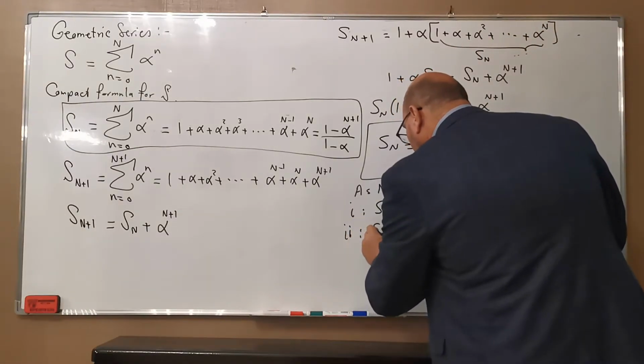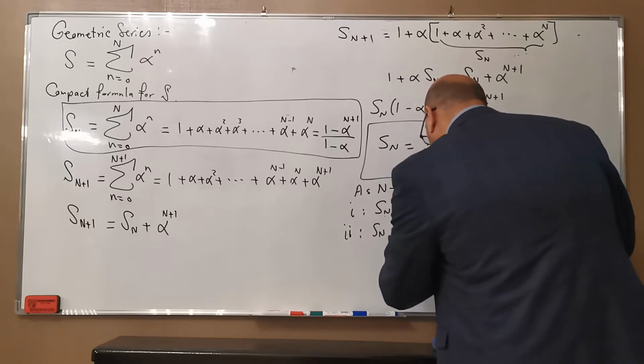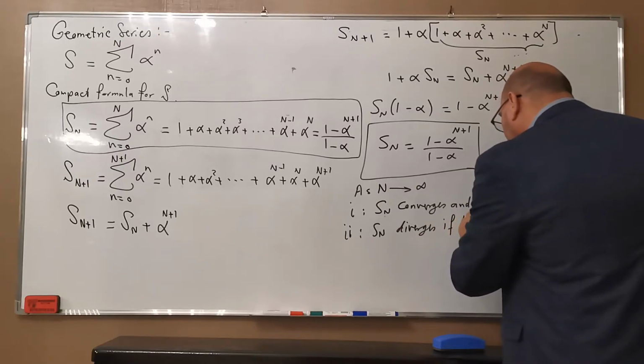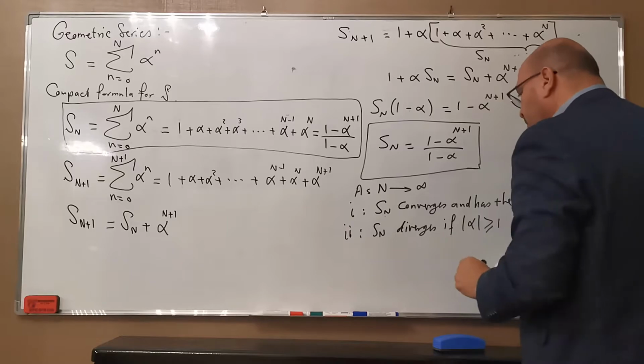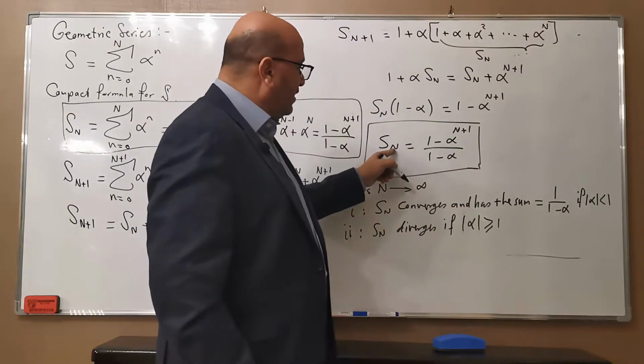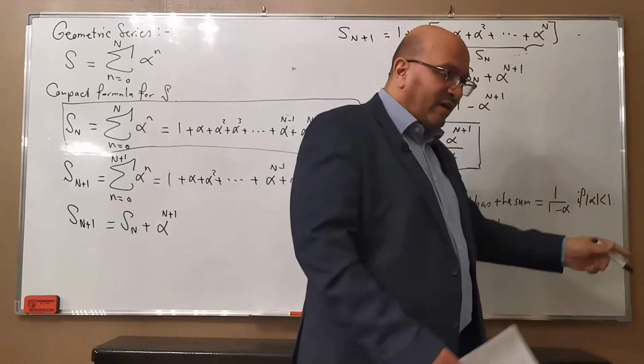Case number two, S sub n diverges if the magnitude of alpha is greater than or equal to 1. So S infinity is 1 over 1 minus alpha, given that the magnitude of alpha is less than 1.